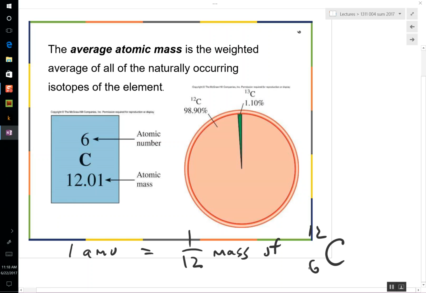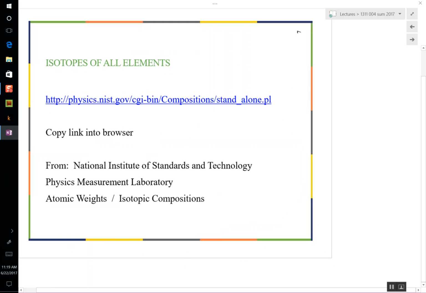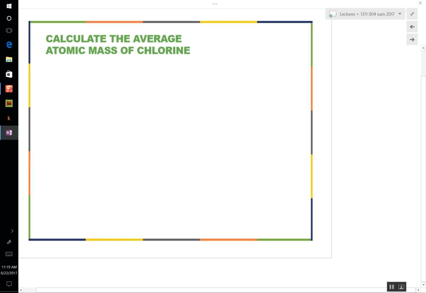It's essentially the mass of a hydrogen atom, but it is exactly 1/12 of the mass of a carbon 12 isotope. You can go in there and see the isotopes of all the elements.